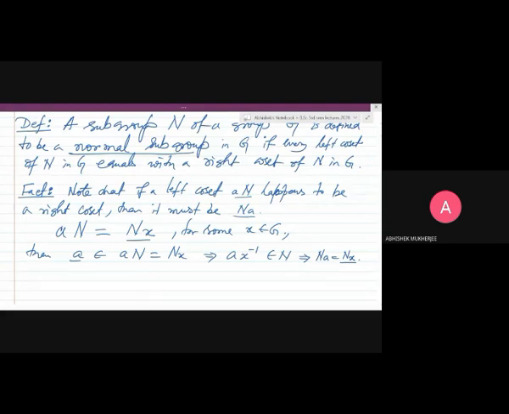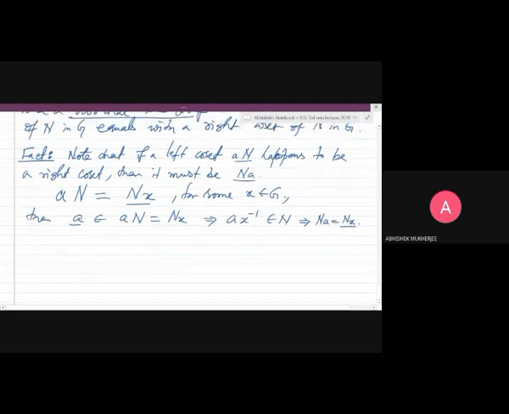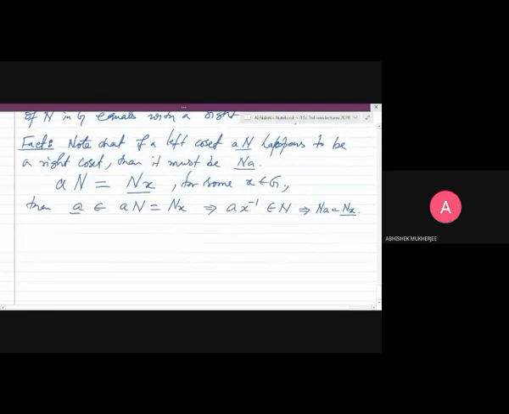Okay. So that means if a left coset of N in G equals a right coset, then that left coset will be the corresponding right coset of aN, that is Na. Okay. So that is the crucial fact.